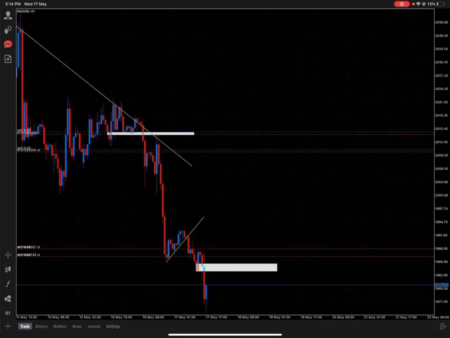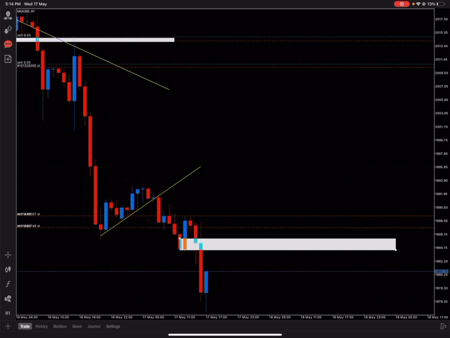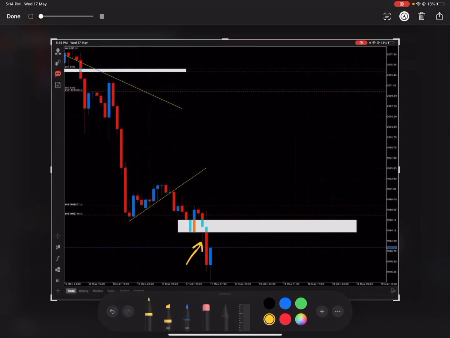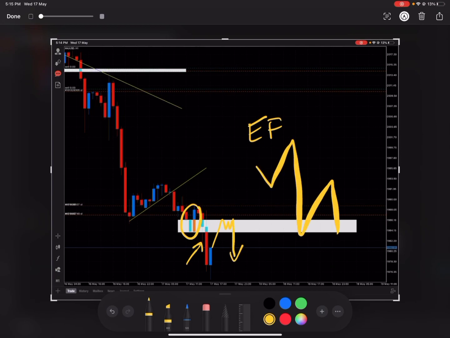Why? Because this is an engulfing fail. This is an engulfing buy, but this setup broke, so it will be an engulfing fail. Once engulfing fails, there is potential for falling down at this zone. Support will become resistance.